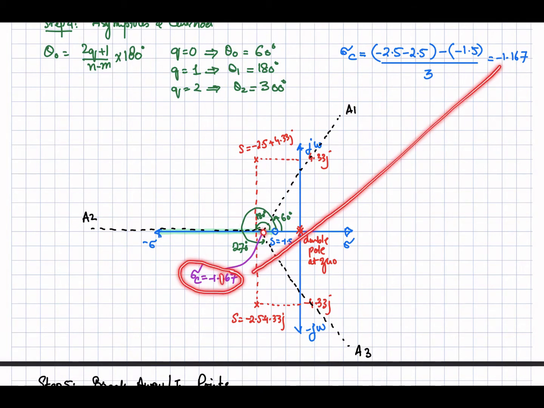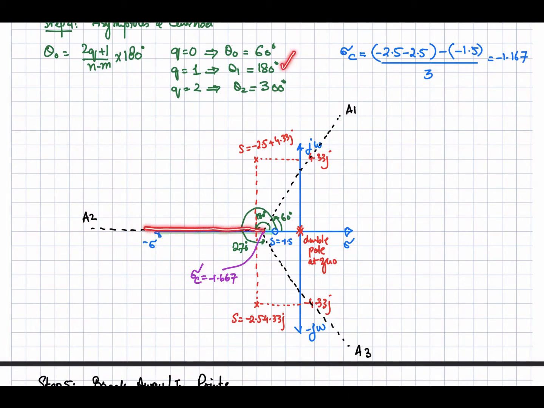So this is the centroid, and the other asymptote will be along this axis at the angle of 180 degrees, this one, and the third asymptote will be at the angle of 300 degrees, so that is this one. So this is the sketch of the asymptotes. Our poles will be moving toward the zeros which are sitting at infinity along these asymptotes.